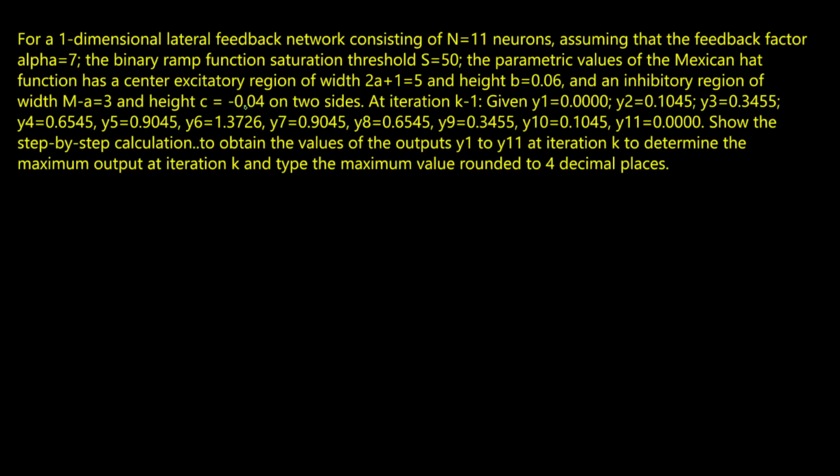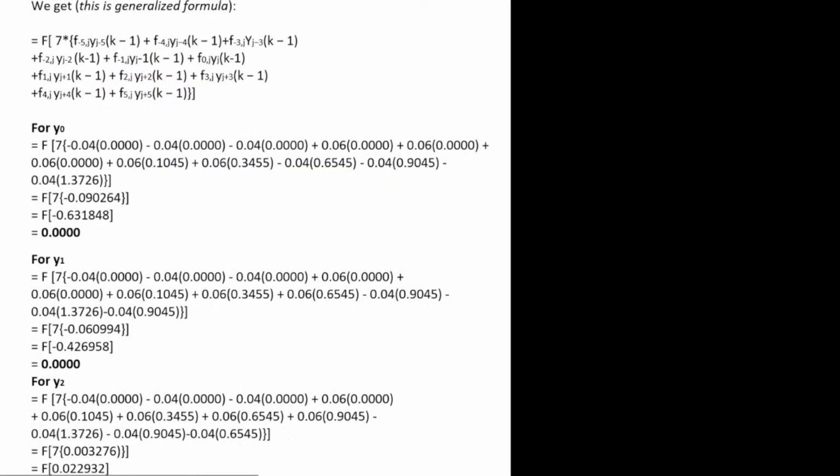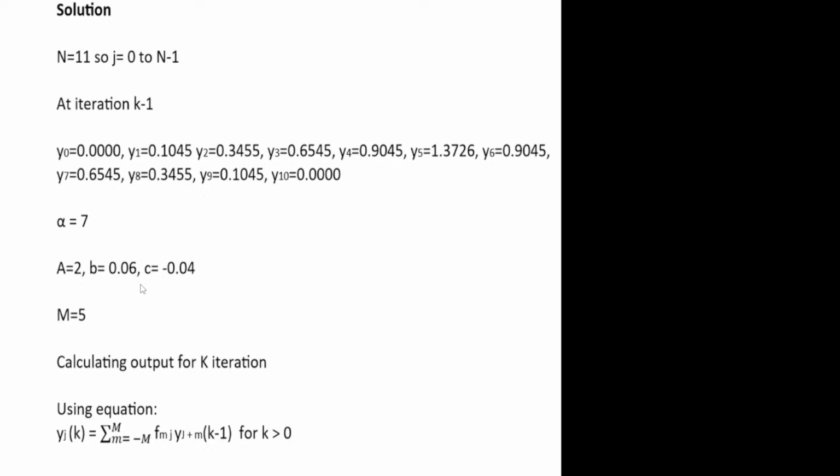So when you see the negative one, you have to know that is inhibitory, and the positive one is excitatory. So we have inhibitory, excitatory, m is equal to 5, and we calculate the output for iteration k using the equation.